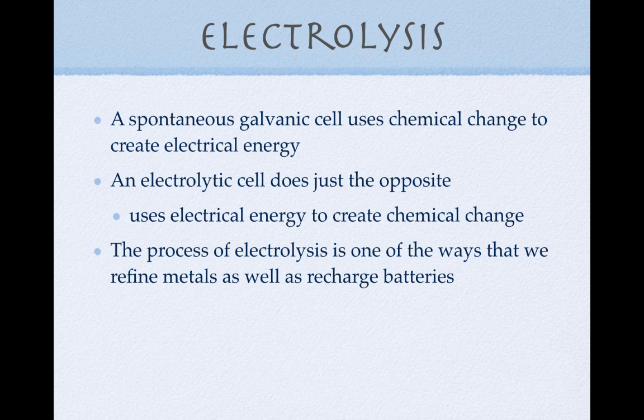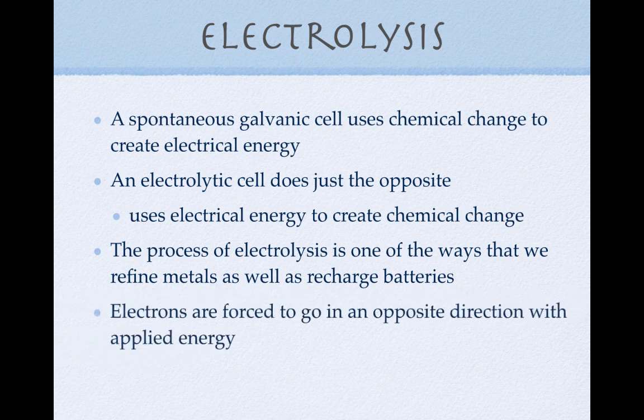And of course, anytime you're recharging a battery, you have to plug it into something and provide a power source to force that reaction to go in reverse. So remember, it's non-spontaneous, and as a result, we have to have a constant applied energy to push it in the reverse direction. So those electrons are forced to go in an opposite direction, and we have to have that applied energy.